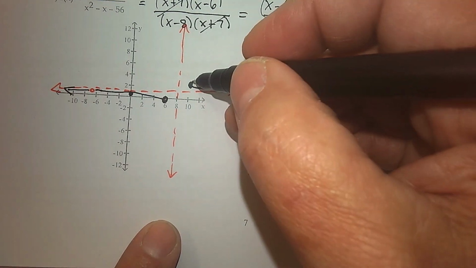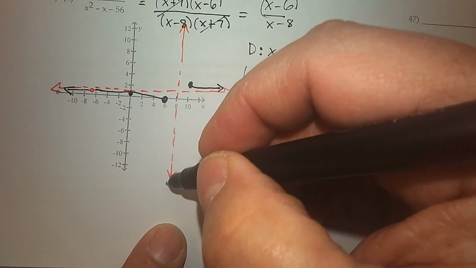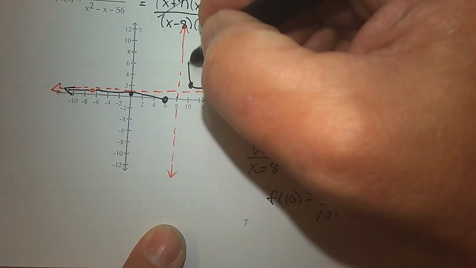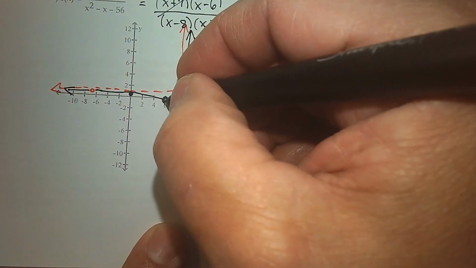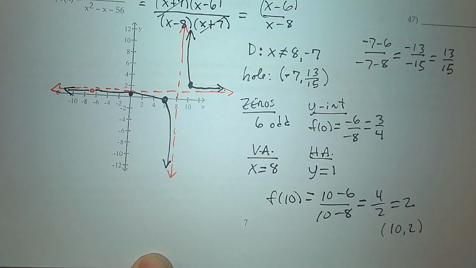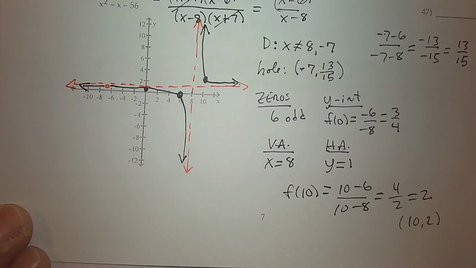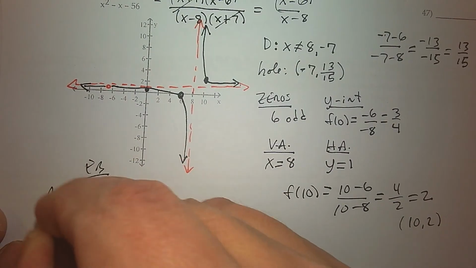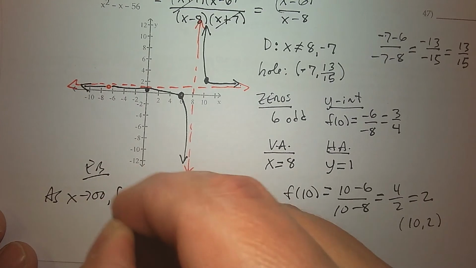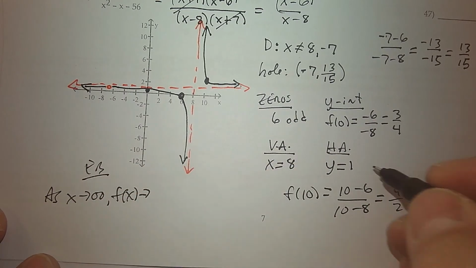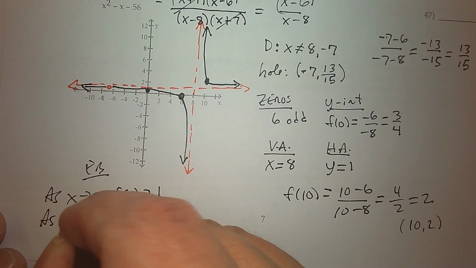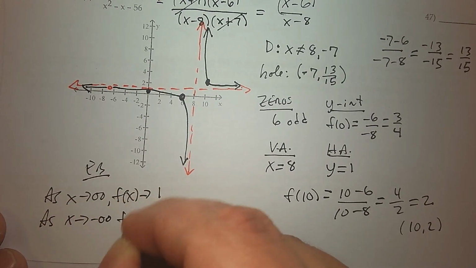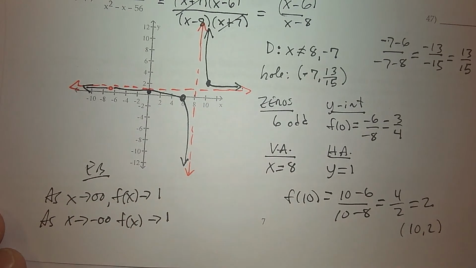Either infinity or negative infinity. So the one above is going to infinity and the one below is going to negative infinity. For the end behavior, as x approaches infinity, f at x approaches 1. As x approaches negative infinity, f at x also approaches 1.